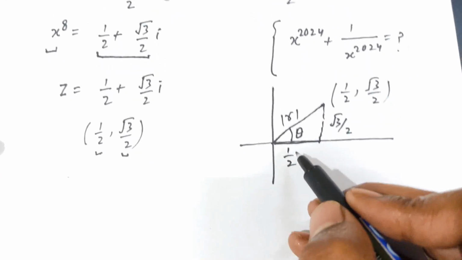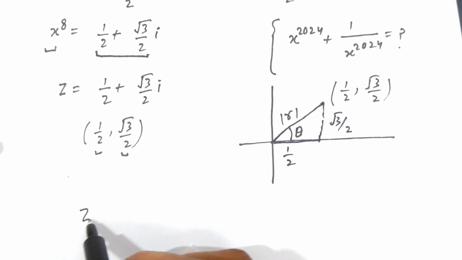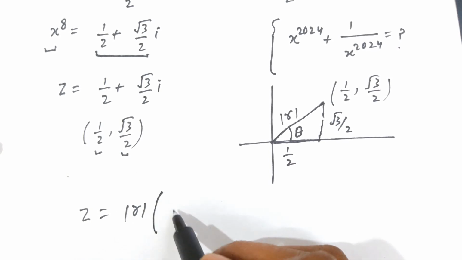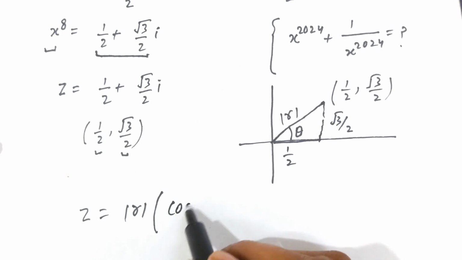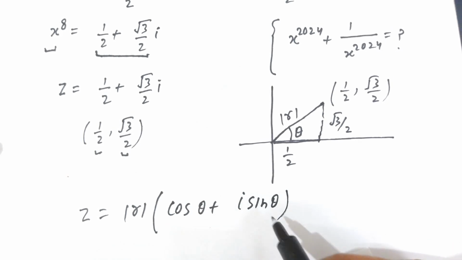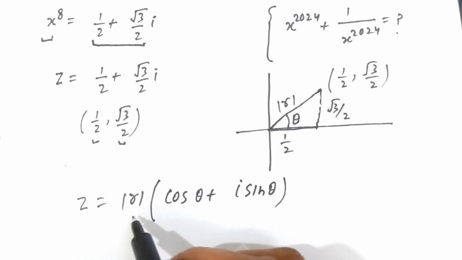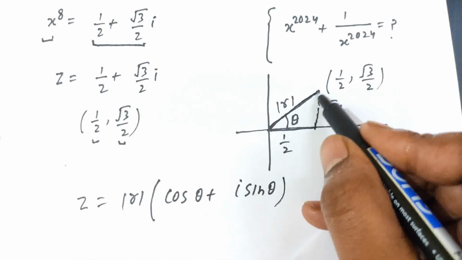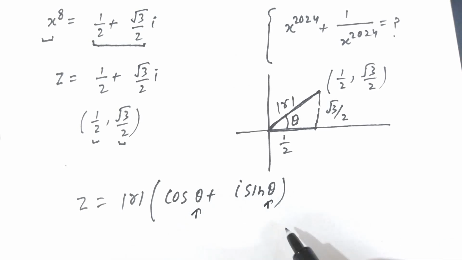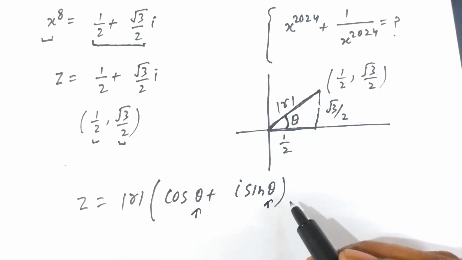Now here we know the polar form is modulus r times cos theta plus iota sin theta, where r is the modulus, that is this length, and theta is the argument, this theta.